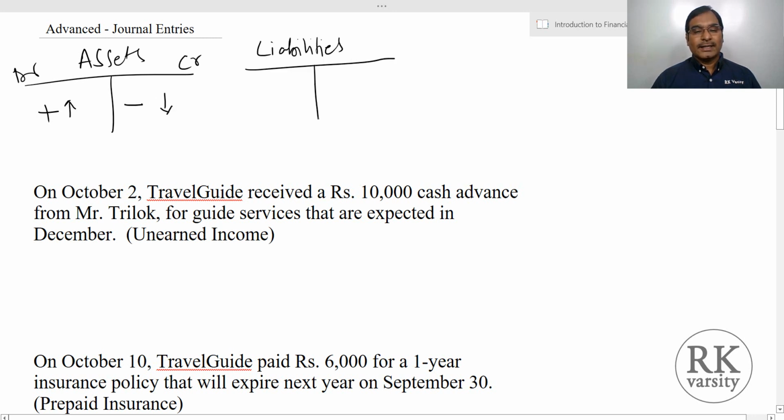When it comes to liabilities, when there is an increase in a liability, we credit it, and when there is a decrease in a liability, we debit it. Similarly, for equity or owner's equity, capital, when there is an increase in equity, we credit it, and when there is a decrease in equity, we debit it.